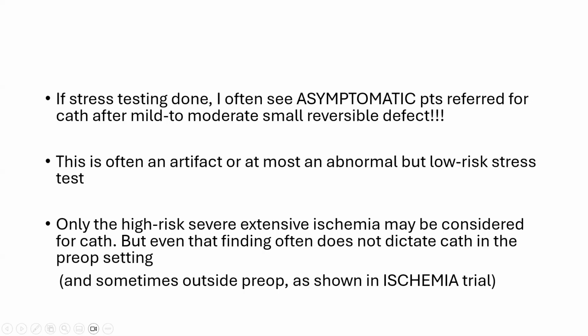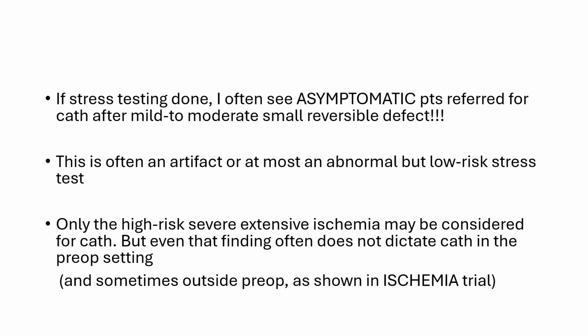I mean, even if you do stress testing, at least consider cath for much more positive stress tests, not those mild, small defects that in an asymptomatic patient are overwhelmingly artifact, way more than 50%. Or at most, they are abnormal but low risk stress tests, which does not dictate any downstream further testing.